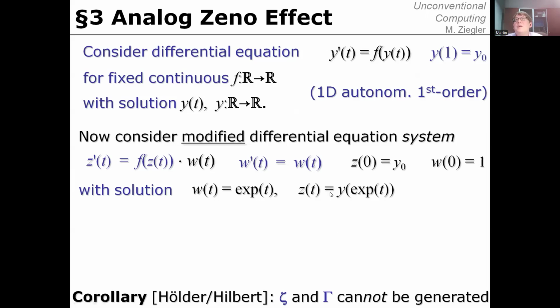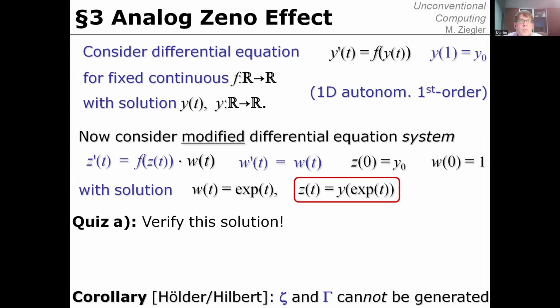That is the same basically as previous y, but with a modified differential equation, z evolves exponentially faster, right? It accelerates. That's why it's called analog Zeno effect. It's the fact that we can basically accelerate every autonomous ordinary differential equation to evolve exponentially faster.